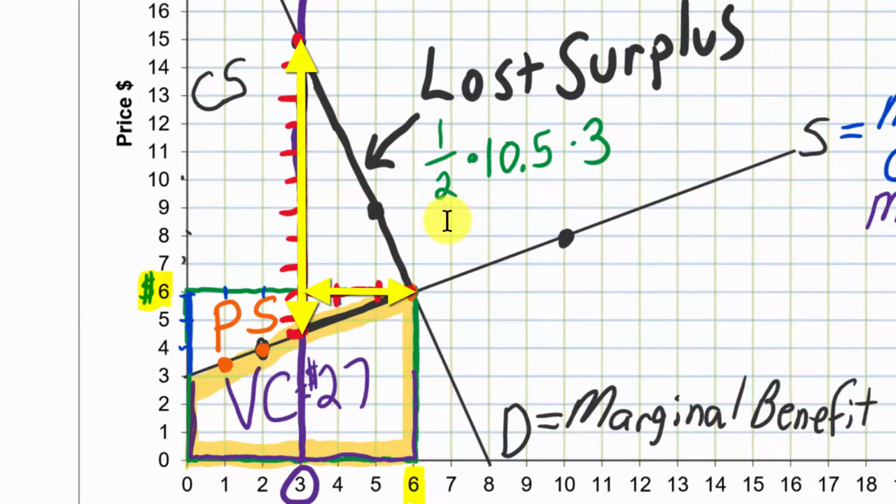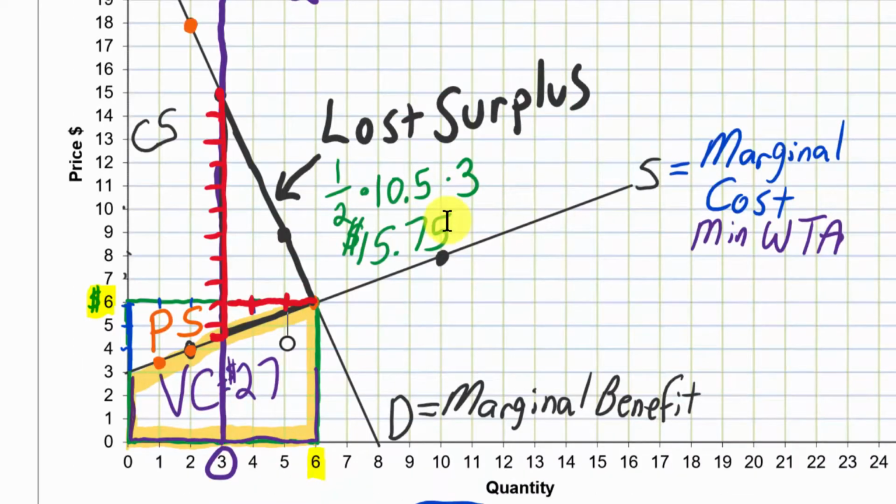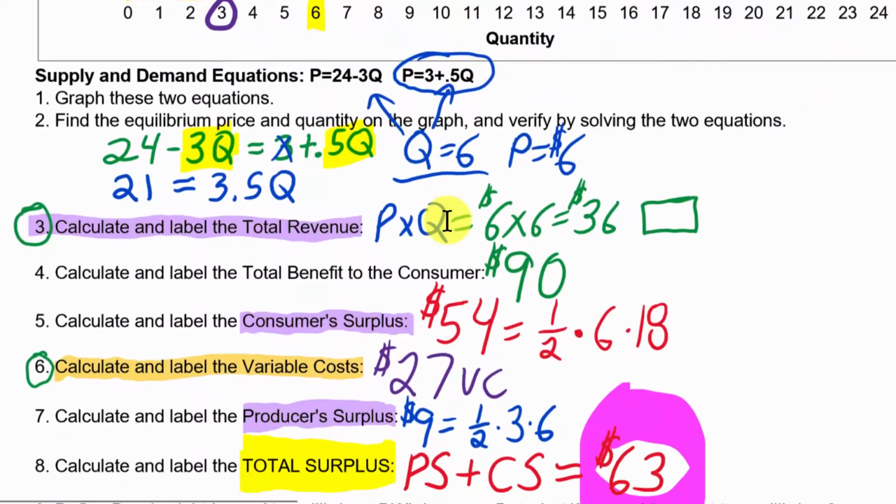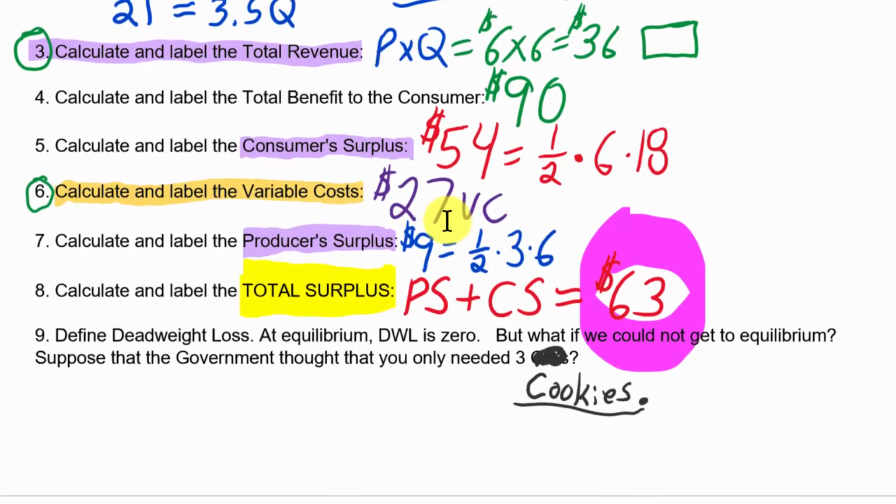So it looks like that deadweight loss is going to be $15.75. What would be happening here is instead of our total surplus being able to be $63, now the total surplus would be $63 minus that $15.75.